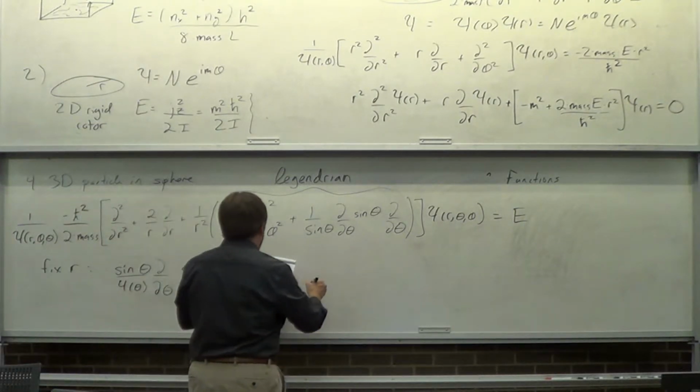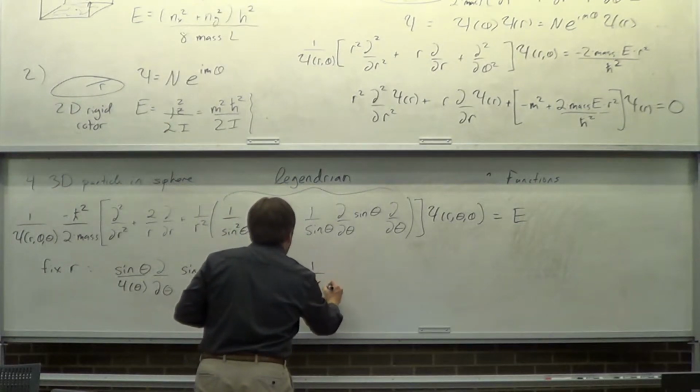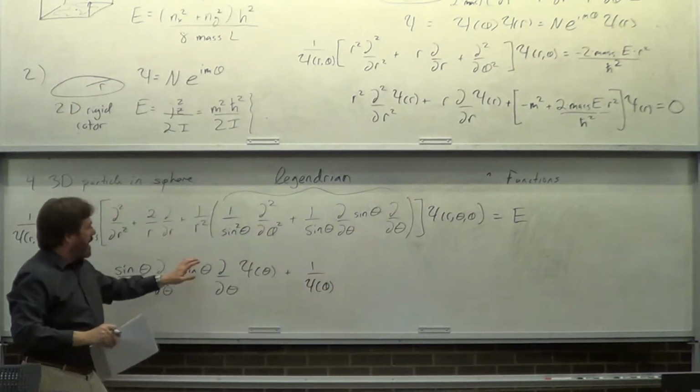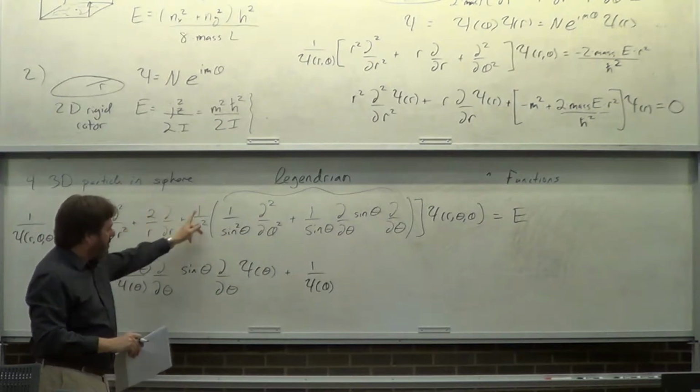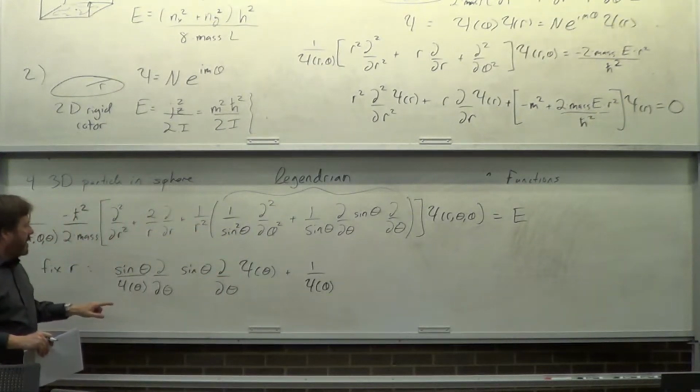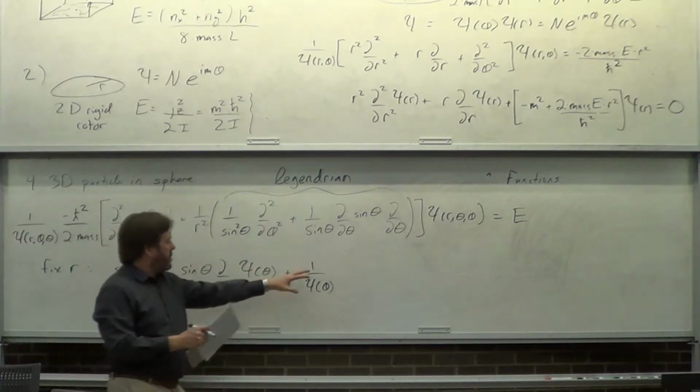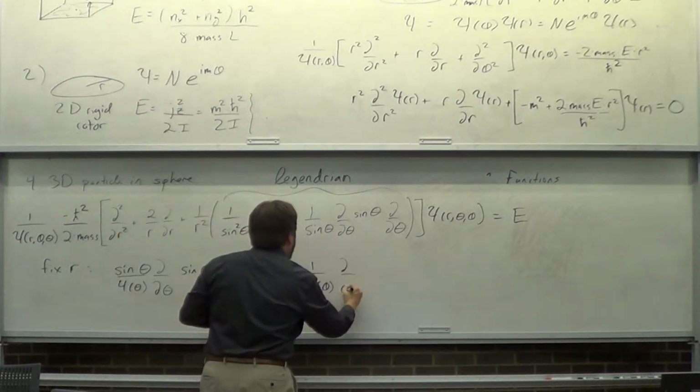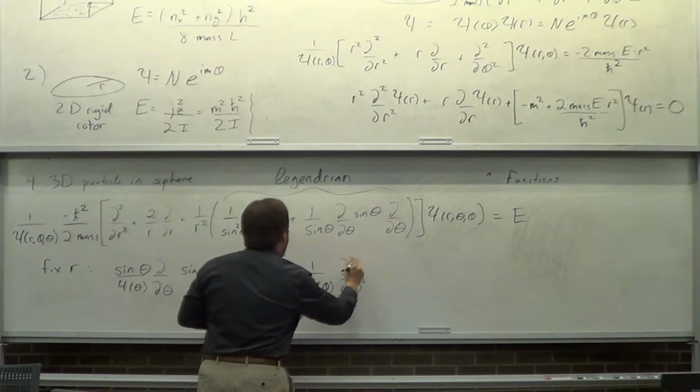Sorry, I got a little confused there. So again, the point is I've multiplied by R squared, and I got rid of these. I actually multiplied by sine squared as well. That's why I've rearranged the terms a little bit. Sorry, that's why I got confused.